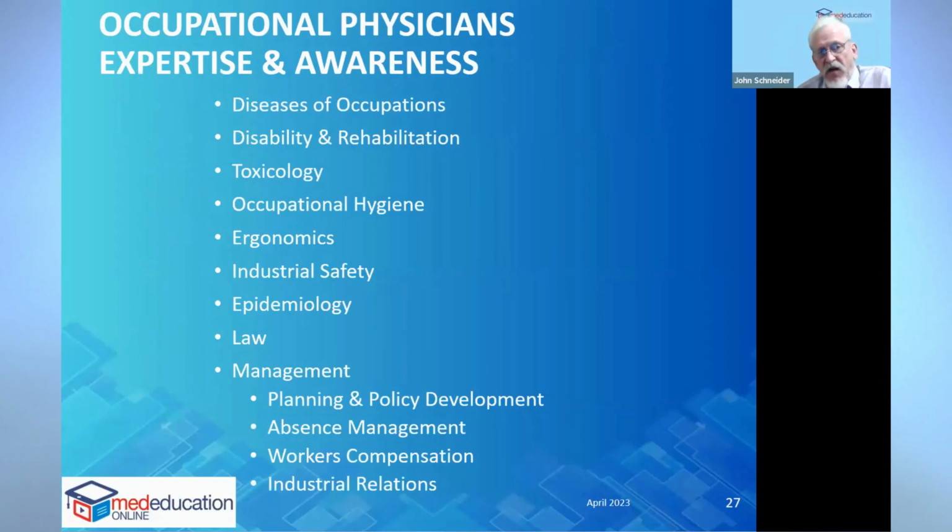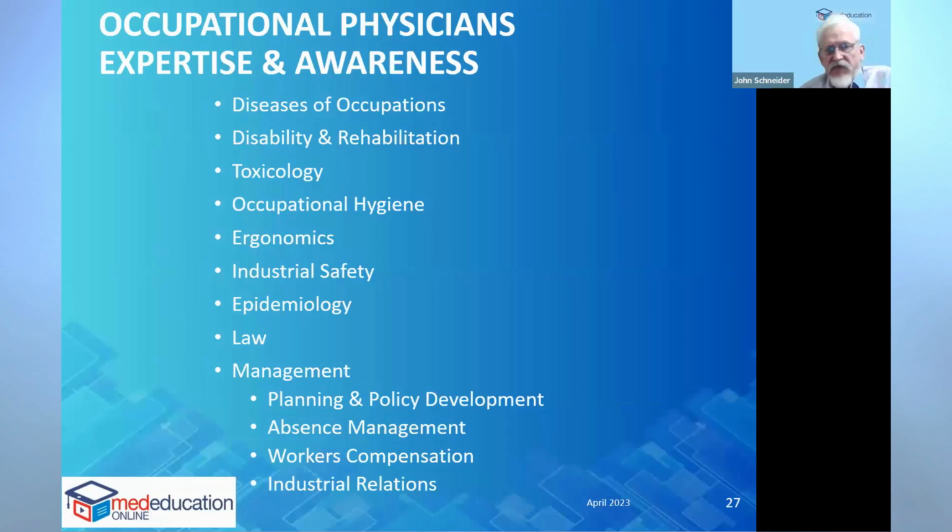So we need some sort of expertise and awareness in the diseases that are common to particular occupations. We need to be aware of disability resulting from injuries and illness in the workplace and the rehabilitation or management of that, hopefully getting the injured or ill worker back into a situation where he can resume productivity in the workplace.